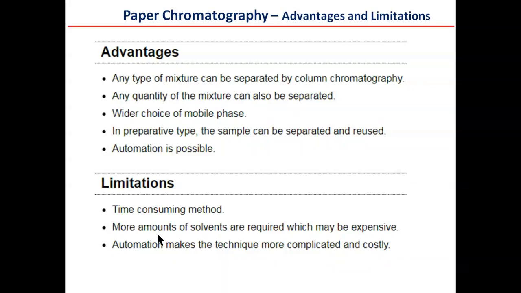Next is automation makes the technique more complicated and costlier. So here automation of the column chromatography technique makes it a more complicated and costlier technique for the separation of component mixtures.